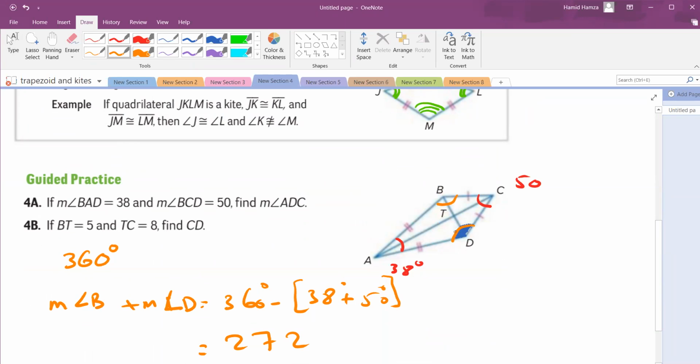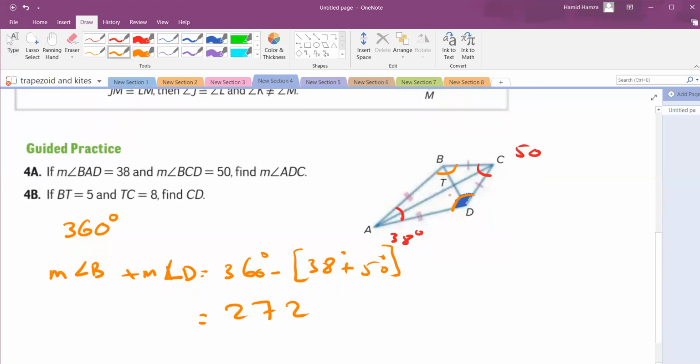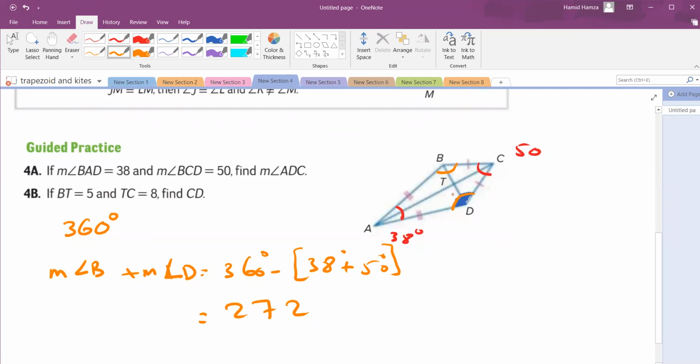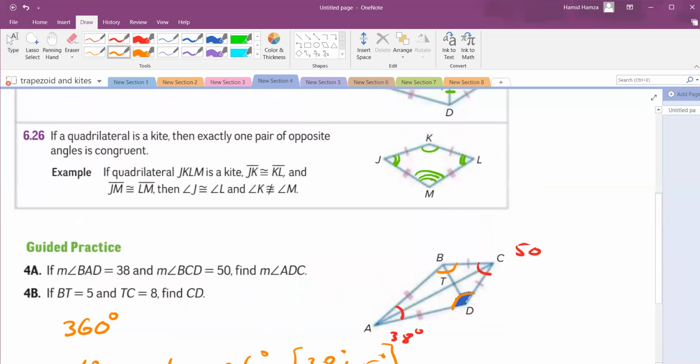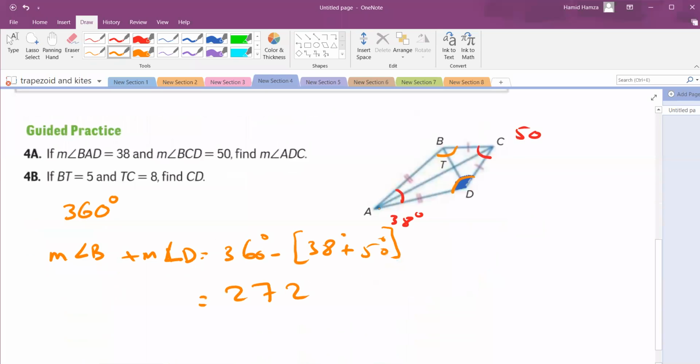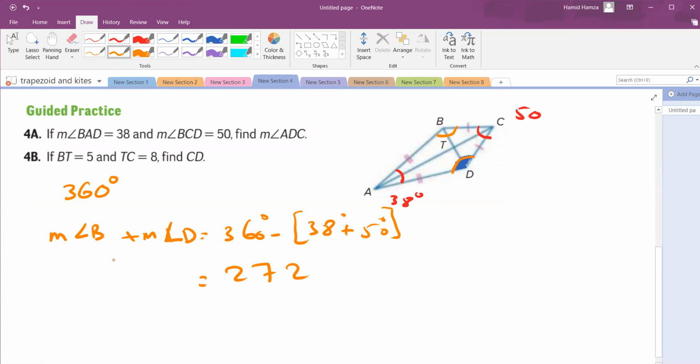That means B and D are the opposite angles, and they are congruent. That means angle D and angle B are congruent.